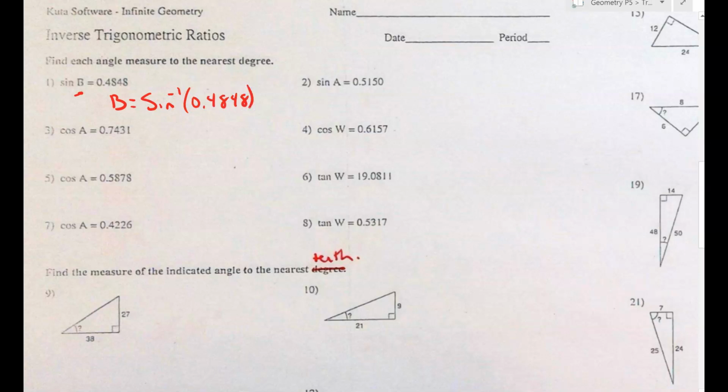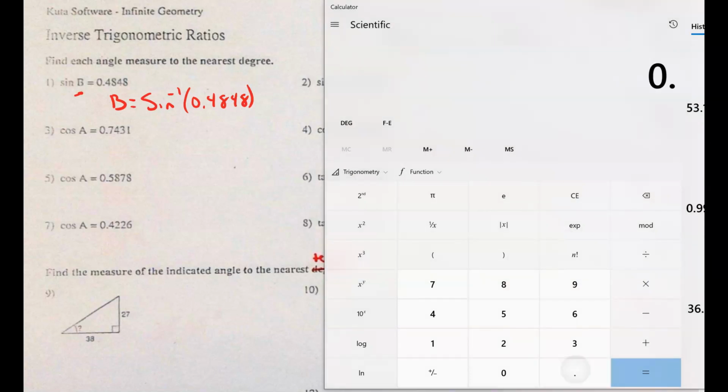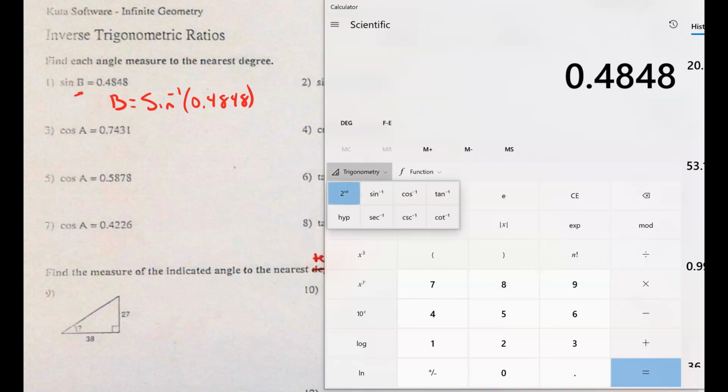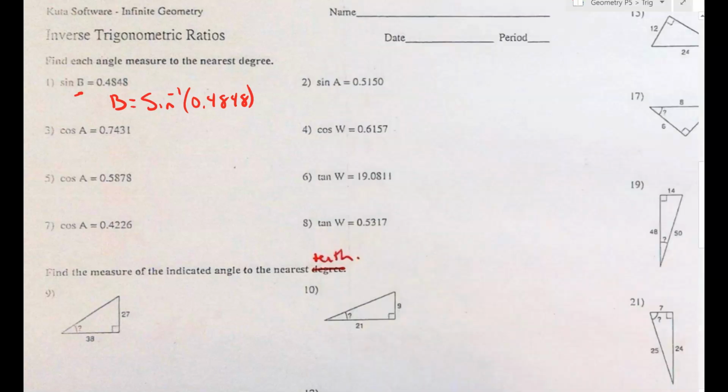So that's what it's asking you to do. So I'm going to go 0.4848, trig, second sine, and there's our answer of 28.999. Notice this says to the nearest degree, so we're going to say 29 degrees.